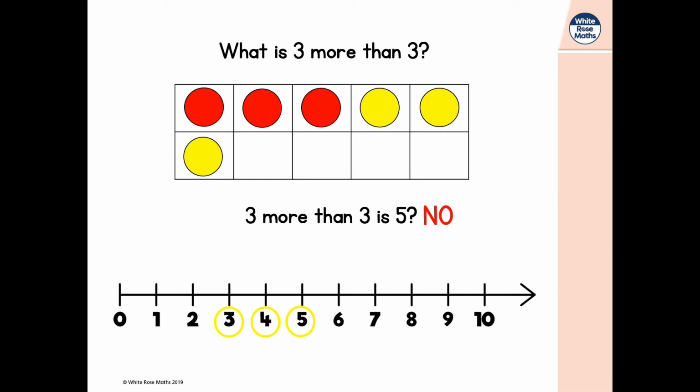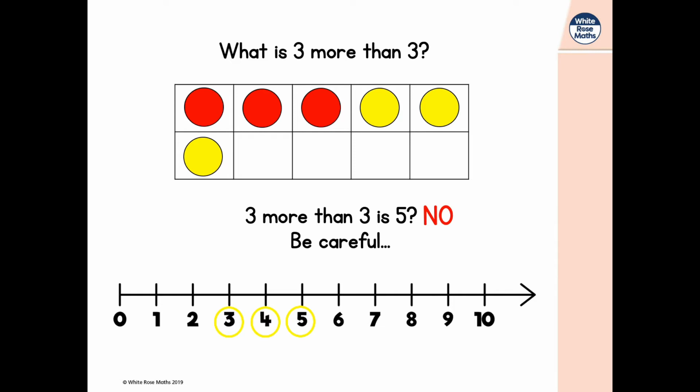No. Be careful when we count on. We have to remember that the first number we say is not what we're starting with. We begin with the next number. What is 3 more than 3? Yes, we begin thinking about and holding the number 3 in our head, and then we count on 3.